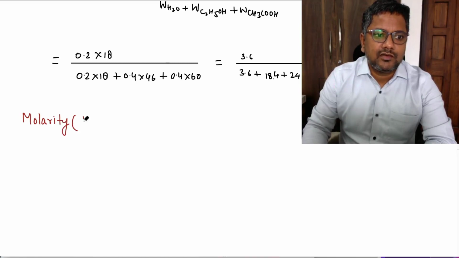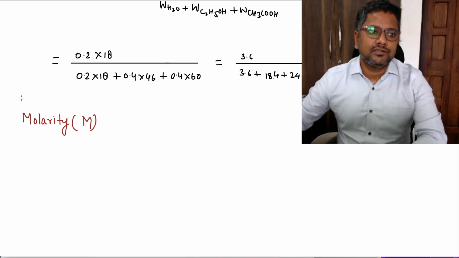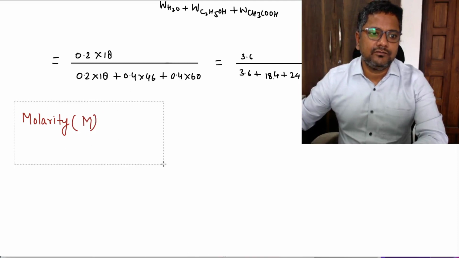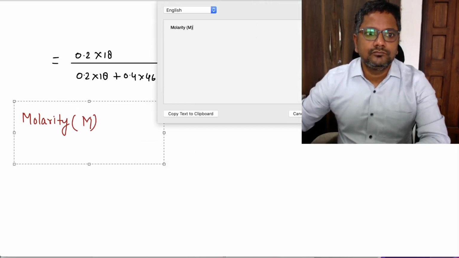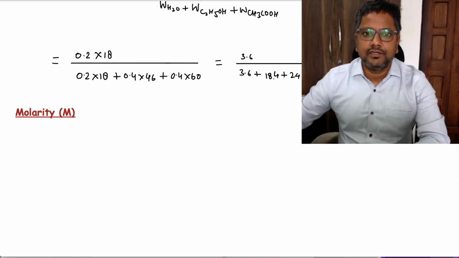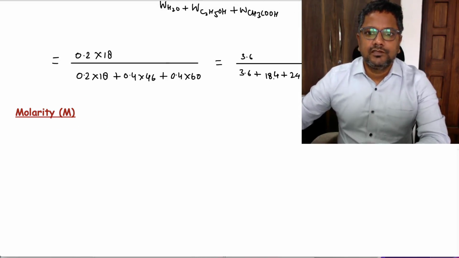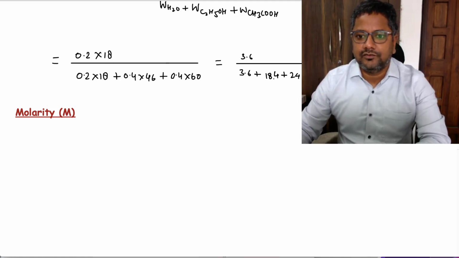The symbol for molarity is capital M, right? So the next concentration term we have is molarity. See, first we have to see the definition. After that, we will make the formula.